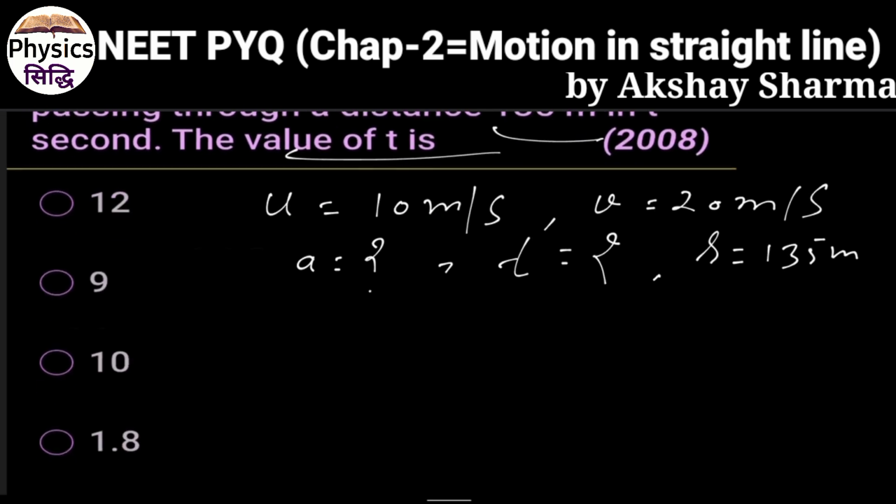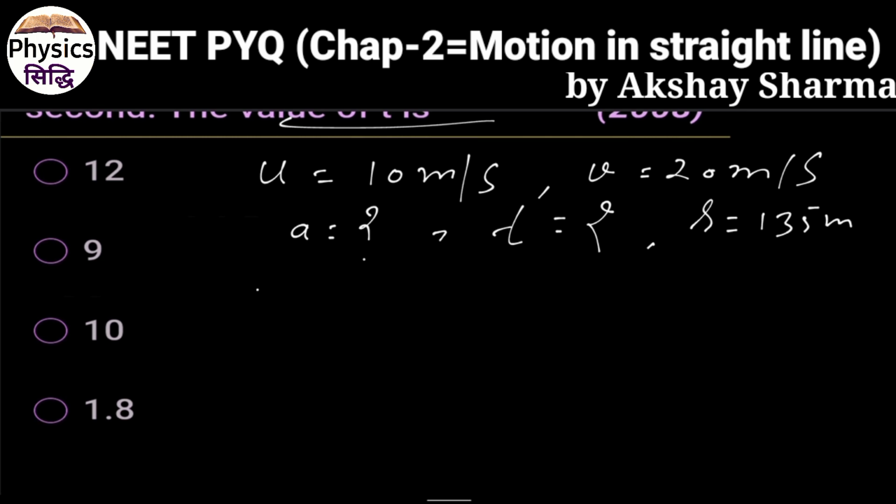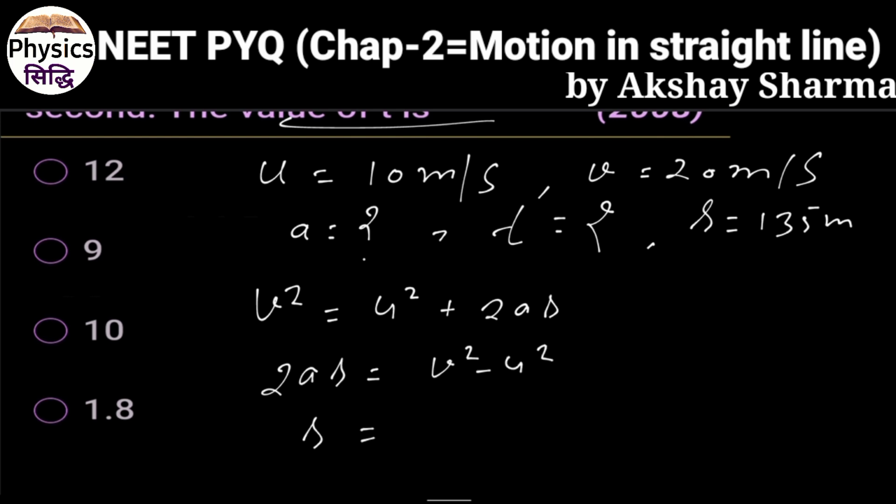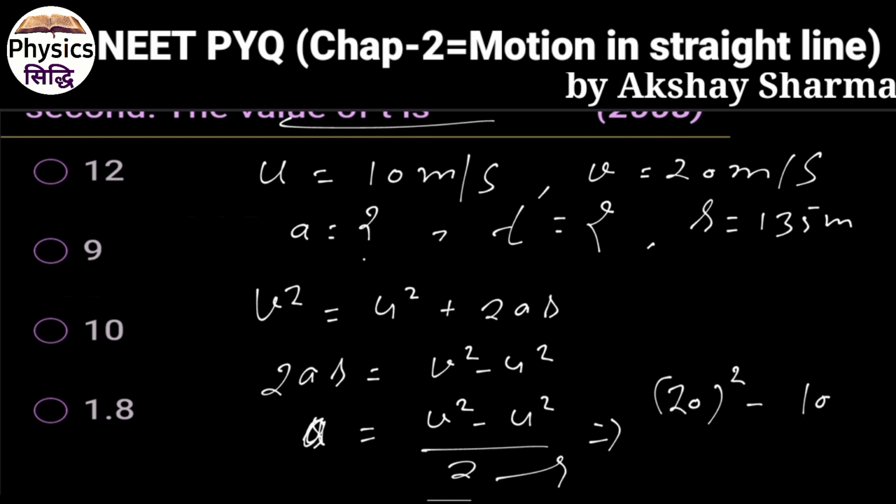Let's see. First of all, apply the third equation, v square equals u square plus 2as. We have to count a, so 2as becomes v square minus u square, and a becomes v square minus u square upon 2s. Just put down the values: v is 20, so 20 whole square minus 10 whole square upon 2 into 135.